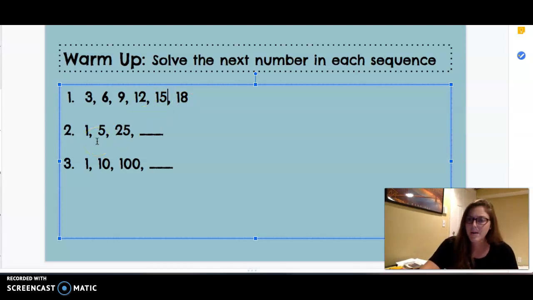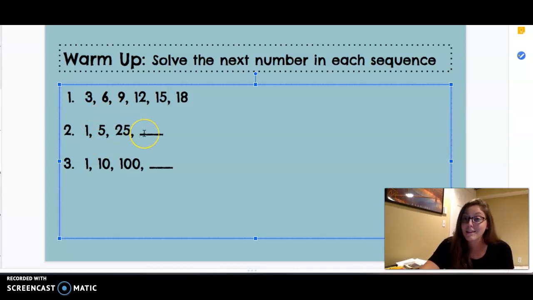My second problem here, skip counting by larger numbers: 1, 5, 25, blank. So I know that 1 times 5 is 5, and then I know 5 times 5 is 25.